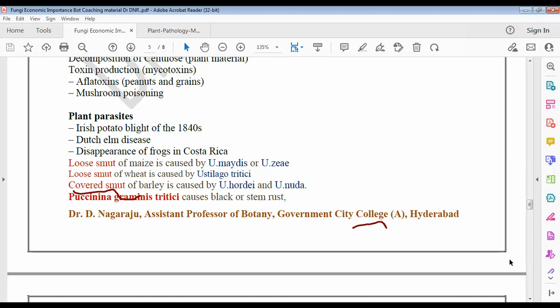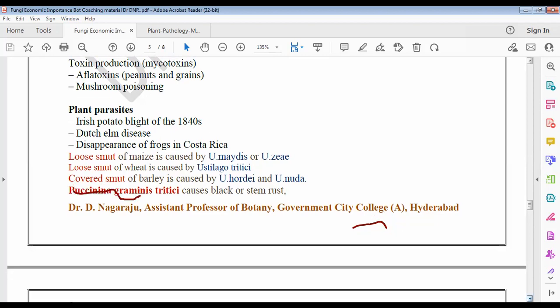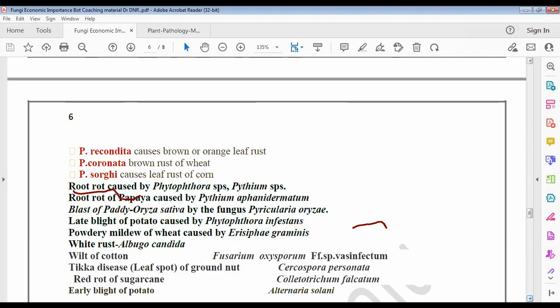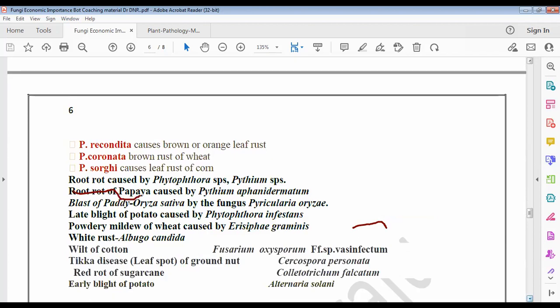Whatever the smut disease, it is caused by Ustilaginales. You know the Puccinia graminis rust disease. Puccinia recondita causes orange leaf rust, and Puccinia coronata, brown rust of oats. Puccinia sorghi, leaf rust of corn.